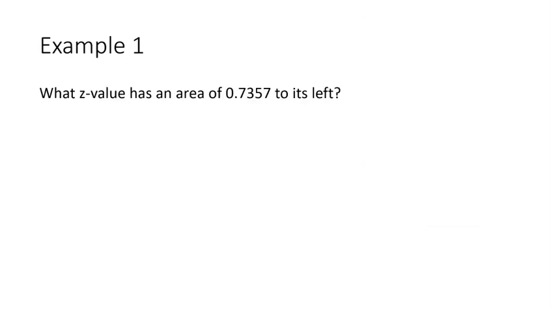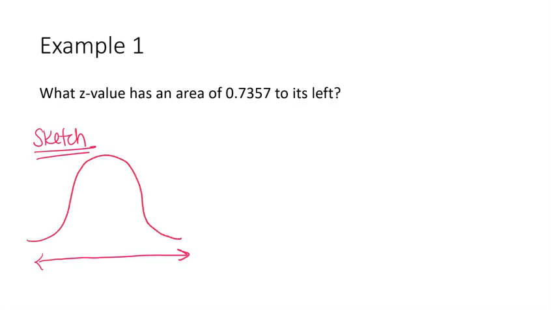So example 1, what z value has an area of 0.7357 to its left? Well, just like we did in our last lesson, the first thing I want you to do is sketch your normal distribution. Gives you a picture of something to look at.